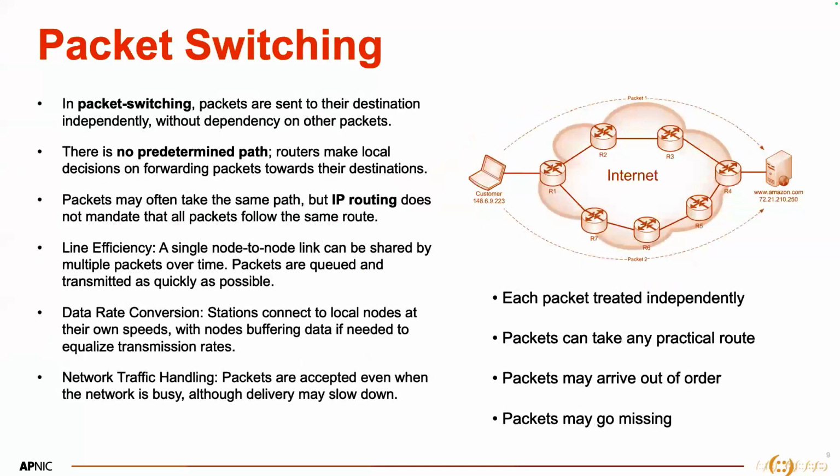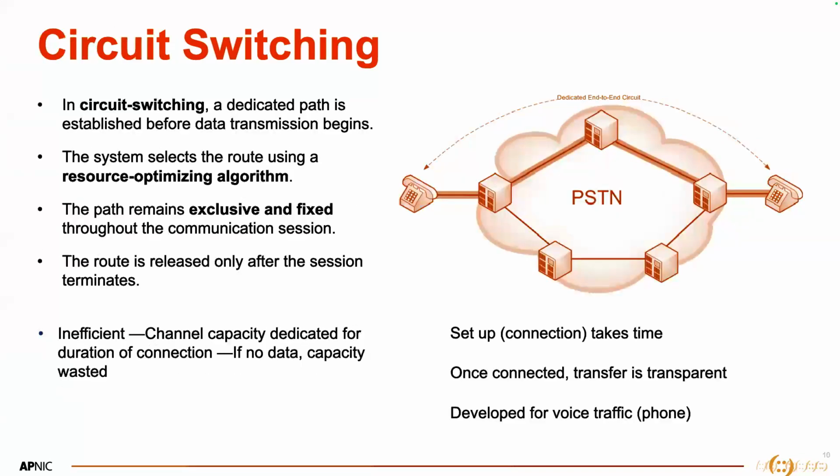So as I was discussing the packet switching network, there is no fixed path for packet switching network, there is no specific route. The packet might take any path, any route based on the protocol, based on the source or destination. And then we have circuit switching networks, which have specific declared dedicated paths from one point to another for all the data, for all the communication channels to travel with.